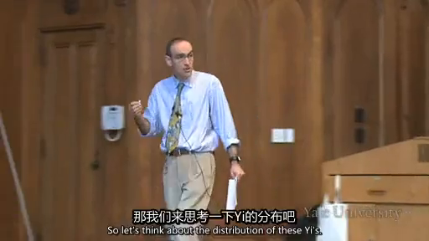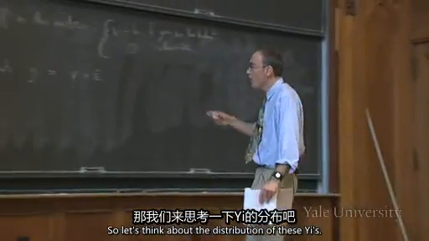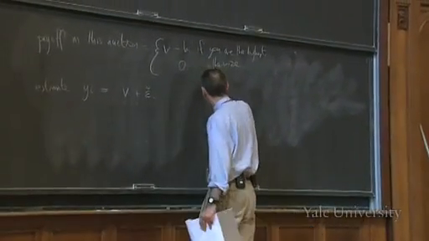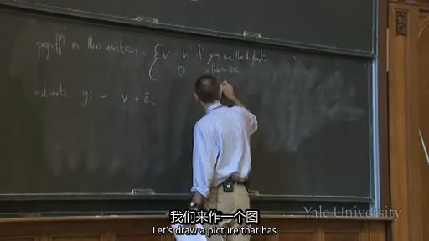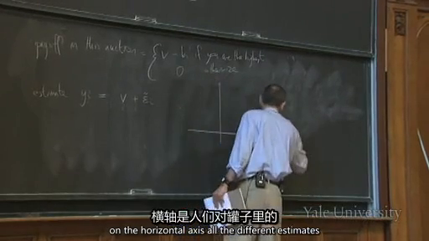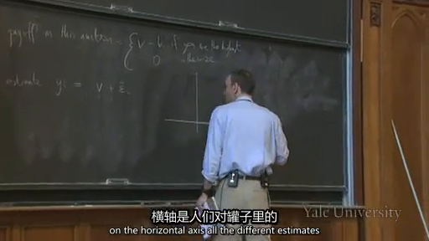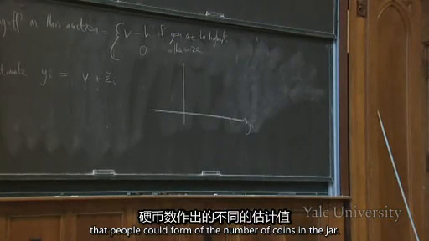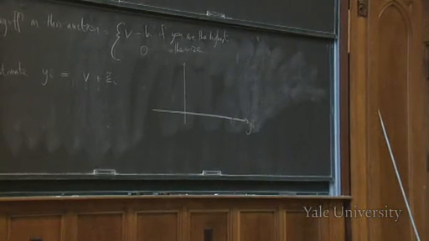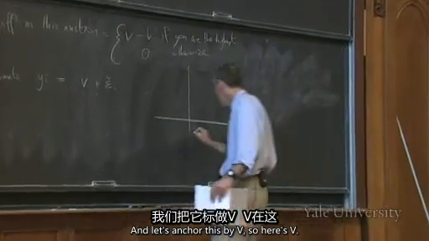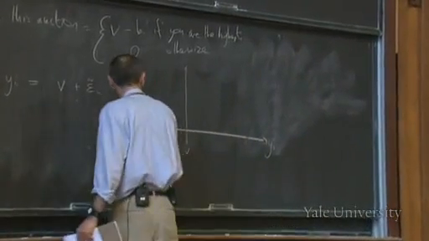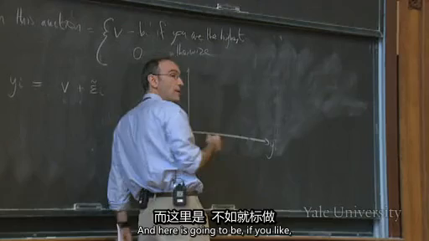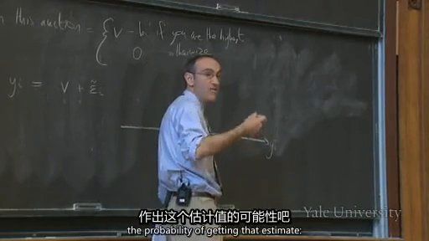All right. So let's think about the distribution of these yi's. Let's draw a picture that has, on the horizontal axis, all the different estimates that people could form of the number of coins in the jar. And let's anchor this by V. So here's V. And here is going to be the, if you like, the probability of getting that estimate.